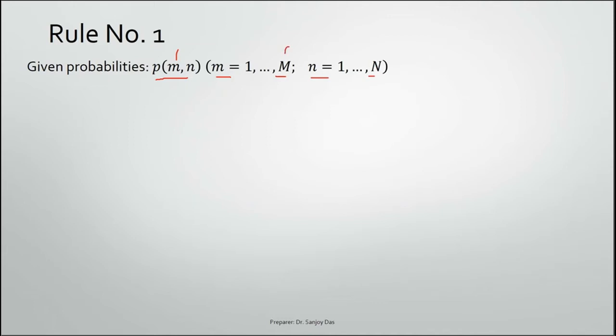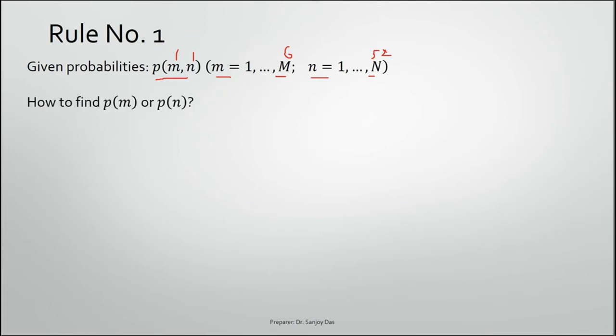The second event could be the drawing of a card, since there are 52 cards, so N would be 52. Anyway, the joint probabilities are given to us somehow.